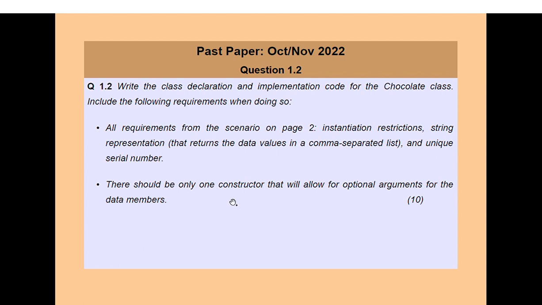Then another bit of important information, there should be only one constructor that will allow for optional arguments for the data members. So you've got to provide a user-defined constructor that takes arguments, and those arguments must be optional, so you're going to have to use default values. And just bear in mind, this will prevent the compiler from implementing a default constructor.